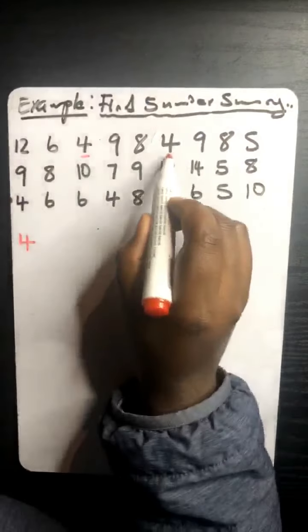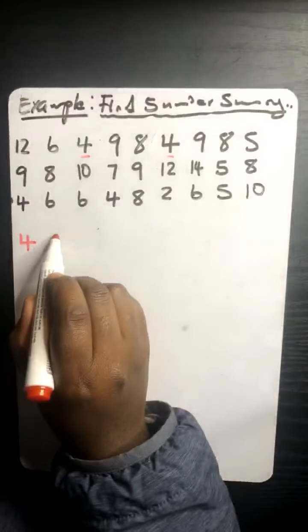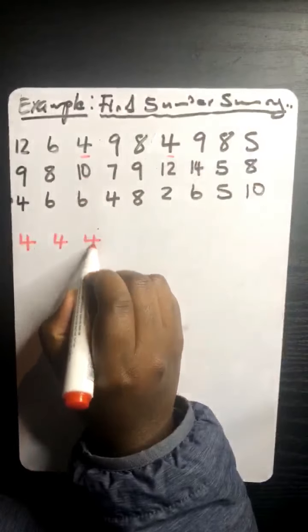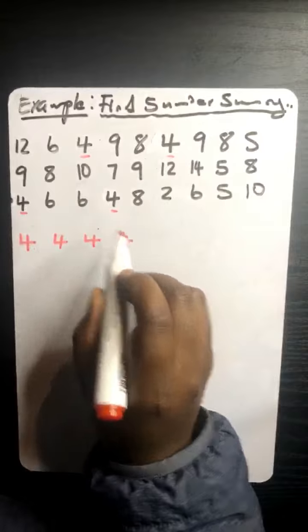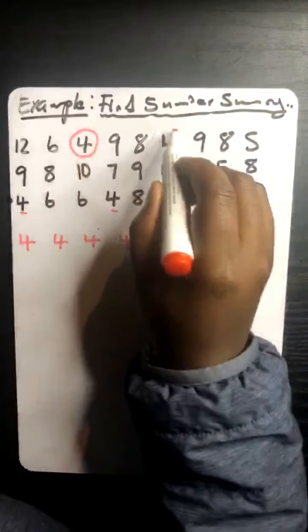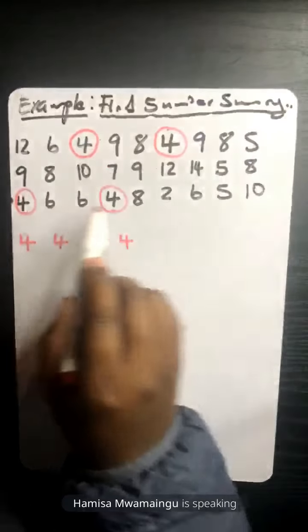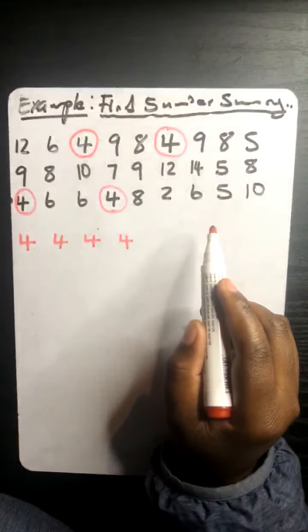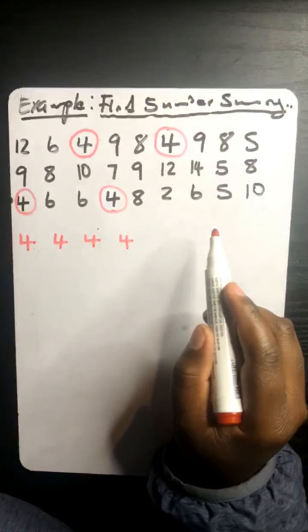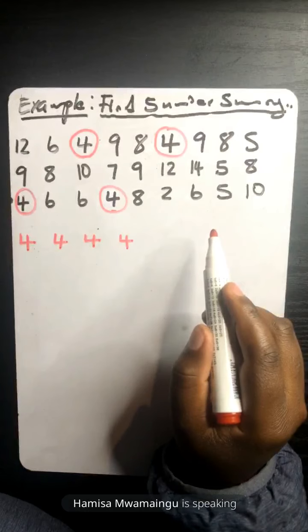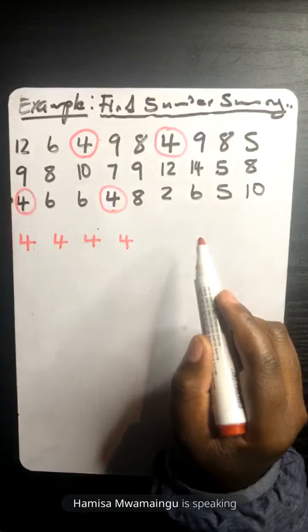I've got another 4 there, and then another 4. Then I just circle those. There's also a 2 next to 8. The last one, 2.